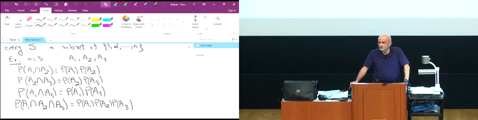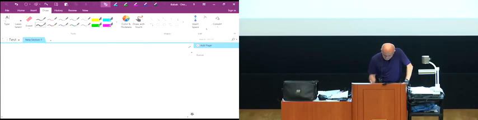So aside from those cases, every event is highly dependent on itself. So if I tell you what's the probability of A given that A has happened, you get 1. Or you get something else for any other set that doesn't have an a priori probability of 1. But let's skip that for now. So let's go to our rolling of the dice example.